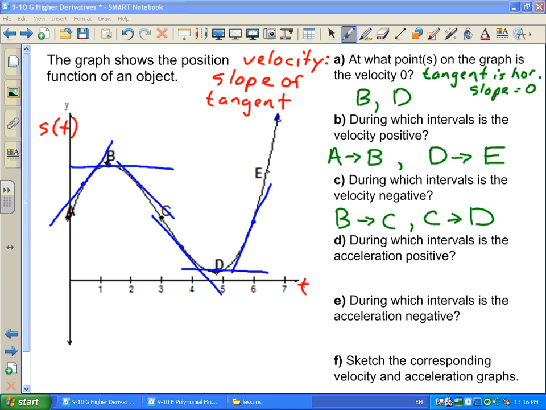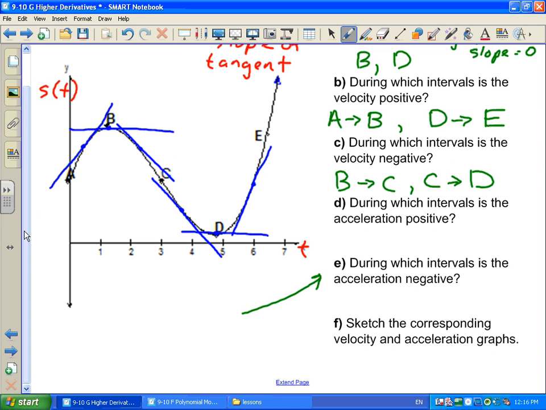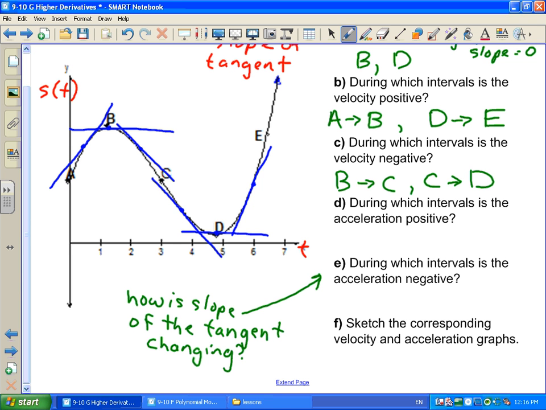Okay, so I'll just draw a line off here and say, how is the slope of the tangent changing? If the acceleration is positive, the velocity is increasing.